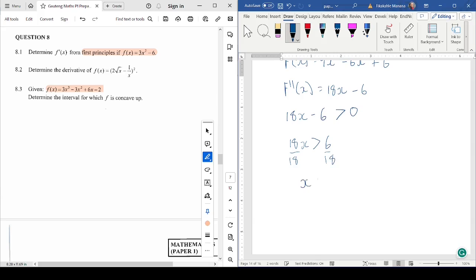Now we know that 6 divided by 18, we can simplify it such that 6 goes into 6 once, 6 goes into 18 3 times. So that is our final answer.